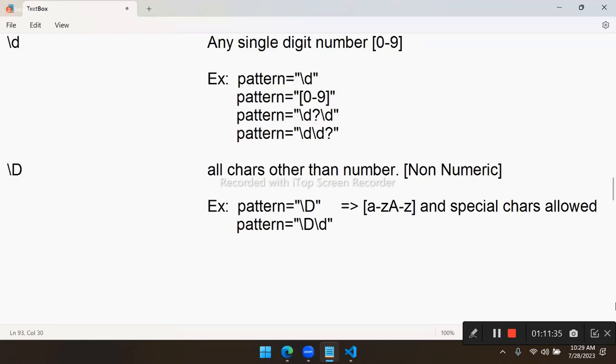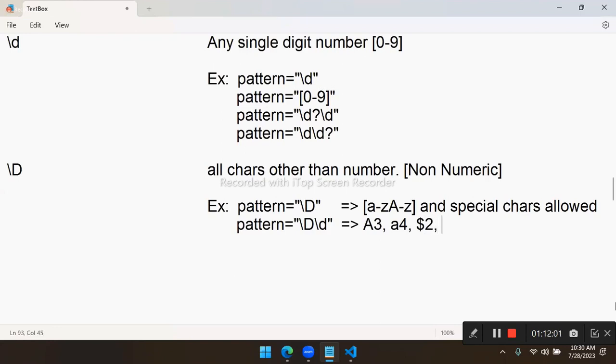That means now, will it allow 2, 2, 2, 4? No, first character must be an alphabet or number or special character. Last character must be a number. Suppose you can enter like this, you can enter like $4, $2.